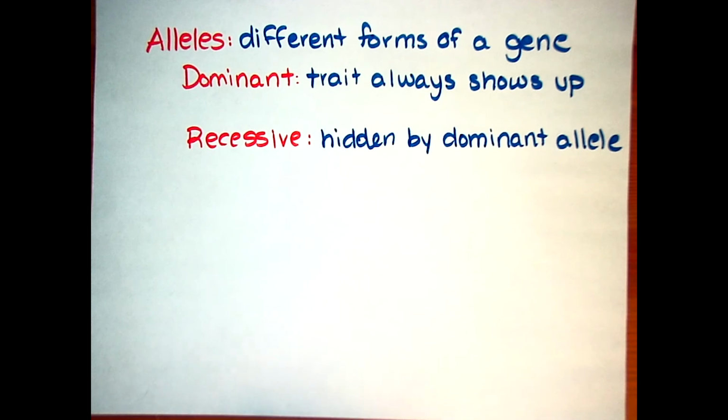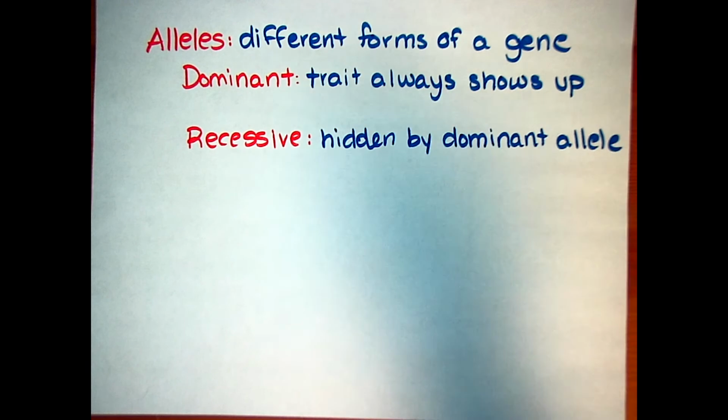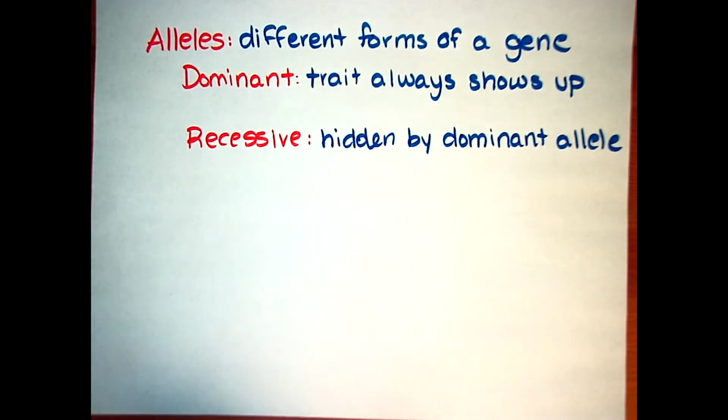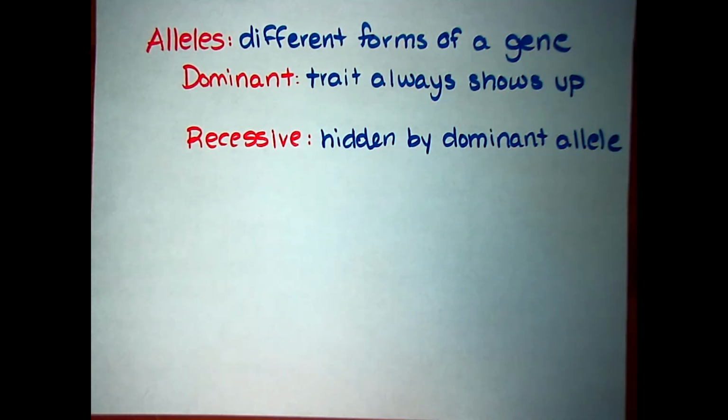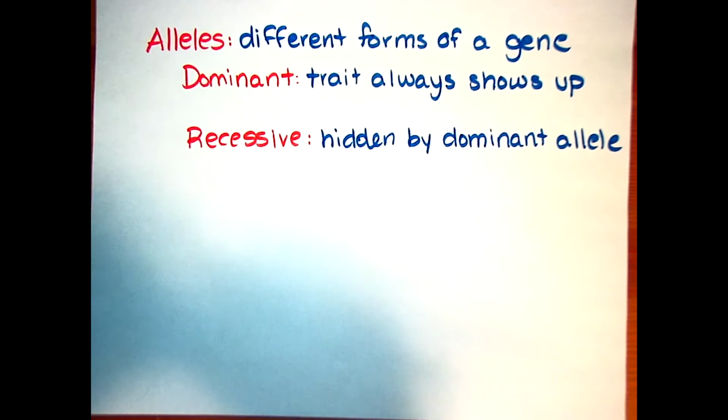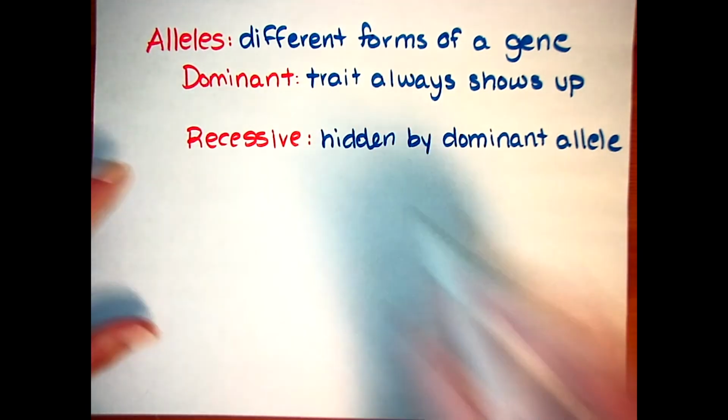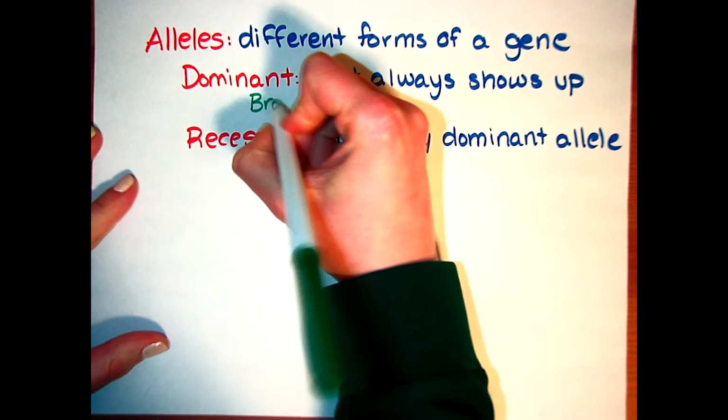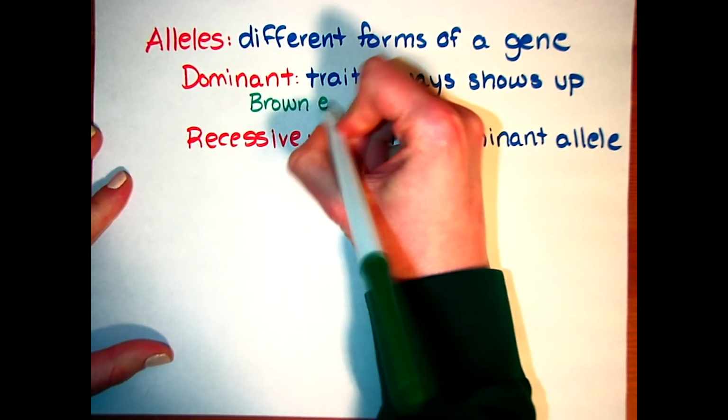Now, when we are taking notes about these, we can use letters to abbreviate these. The way we figure out what letter we should use to represent it is we use the first letter of whatever our dominant trait is. So in this case, we're talking about blue eyes and brown eyes. Brown eyes are dominant. And so we're going to represent it with a capital B.